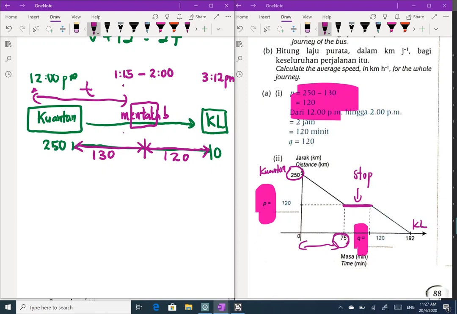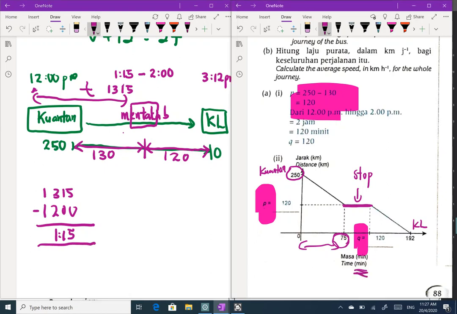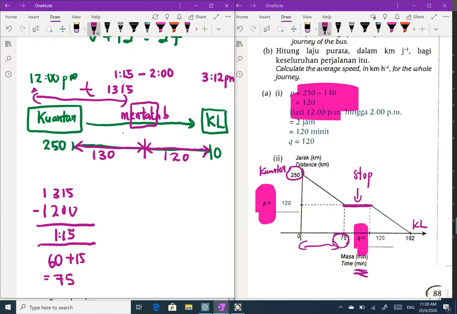So 1:15 also equal to 13:15, 24小时嘛，1点是13点嘛。So 13:15 minus 12, you will get 1:15, 1 hour 15 minutes. Okay, this one is minutes. So 1 hour is 60 plus 15 minutes is 75 minutes.